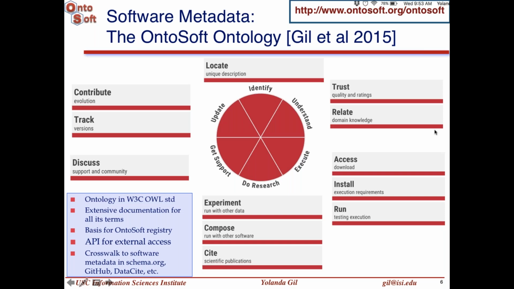So really characterizing different versions well and being able to compare them and reuse them is a task that everybody does all the time, and it takes a lot of time. So the more we're able to characterize those differences, the easier it will be.